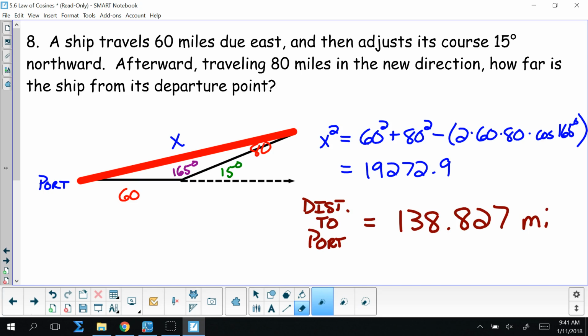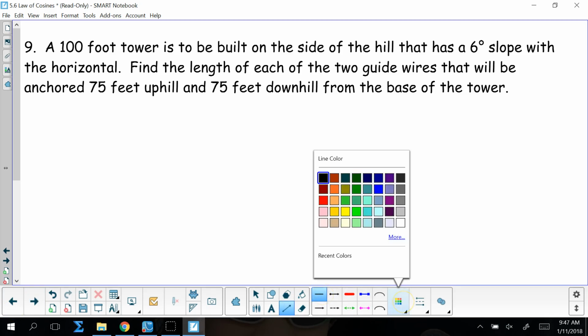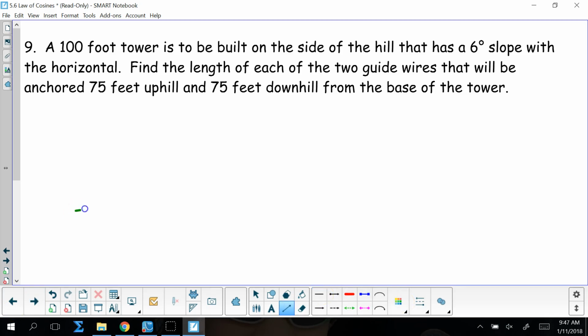Good catch. Fantastic. What I would like you to do is try this next one, the 100-foot tower problem. So, we've got a hill at a 6-degree slope. Little ways up that hill, there is a tower.